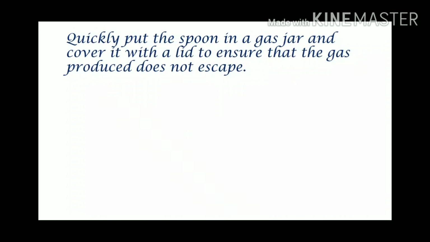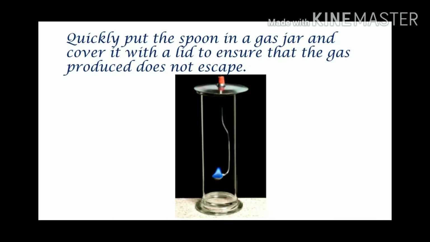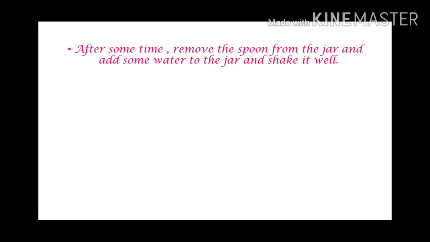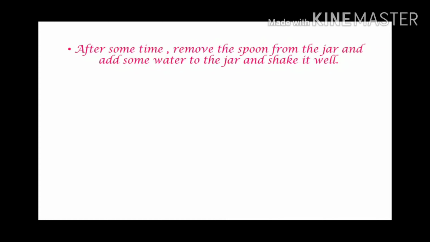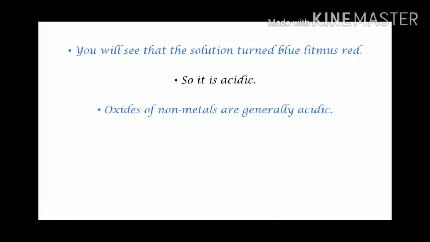Quickly put the spoon in a gas jar and cover it with a lid to ensure that the gas produced does not escape. After some time, remove the spoon from the jar and add some water to the jar and shake it well. That way the gas dissolves in the water. Then check it with litmus paper. You will see that the solution turned blue litmus red, so it is acidic. Oxides of nonmetals are generally acidic.